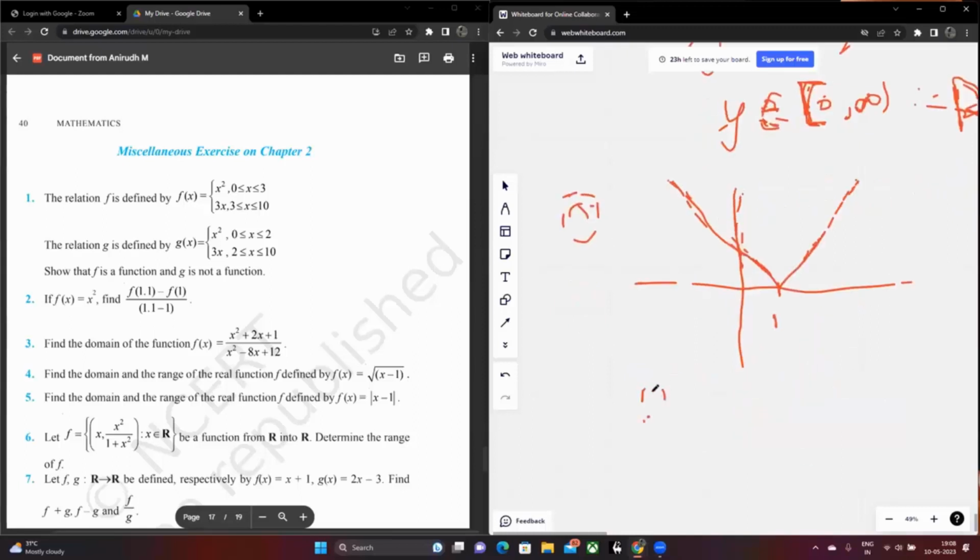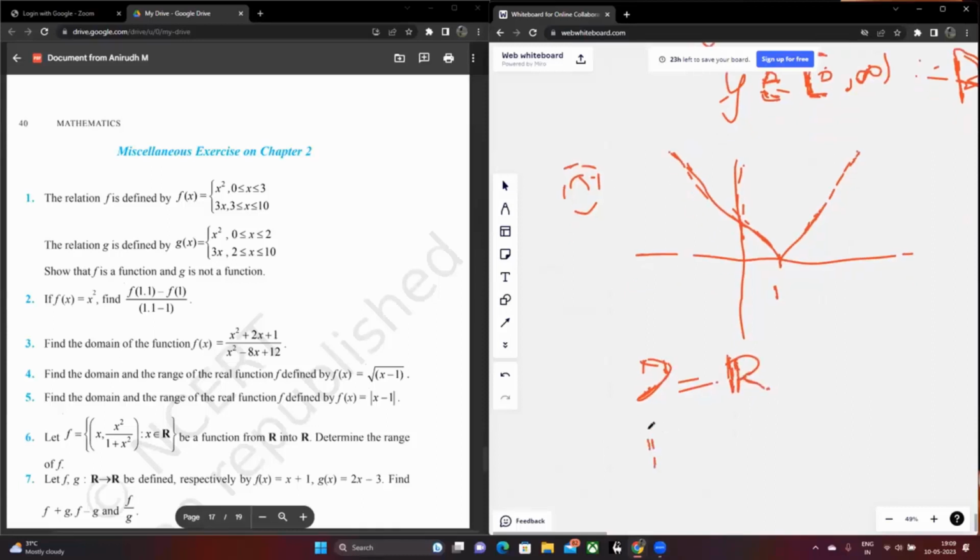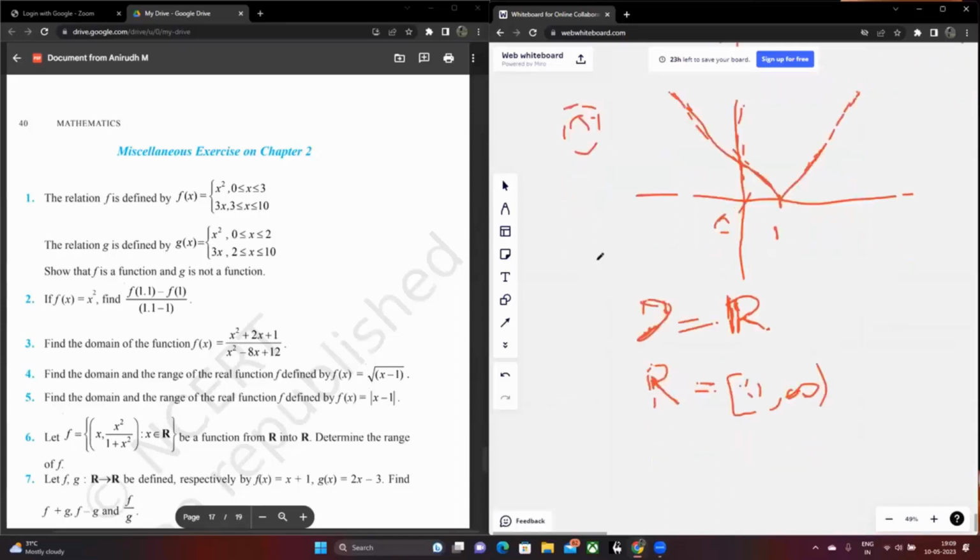The domain D is all values of x where it's defined, which is the real line R itself, and the range is whatever it maps to on the y-axis, which is 0 to infinity. That takes care of question number 5 also.